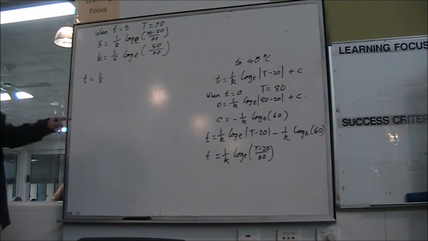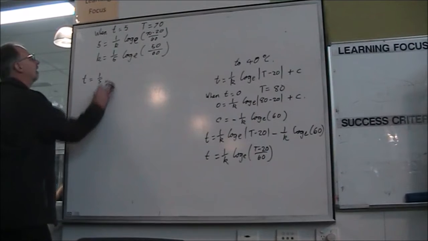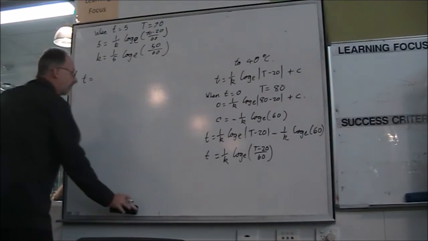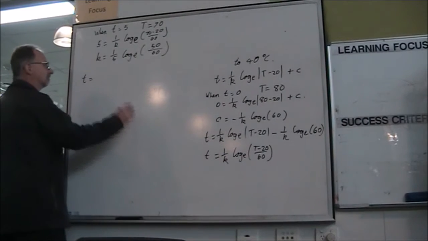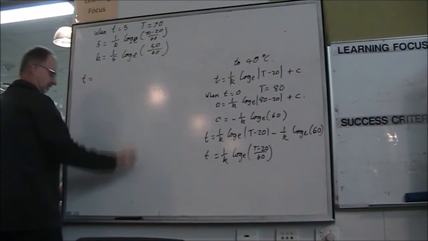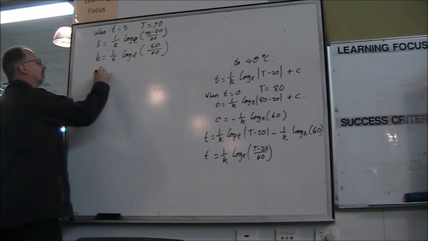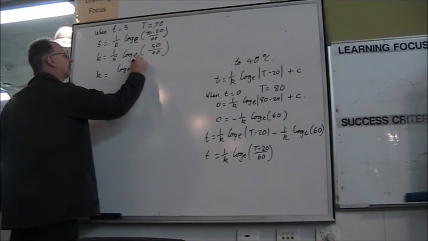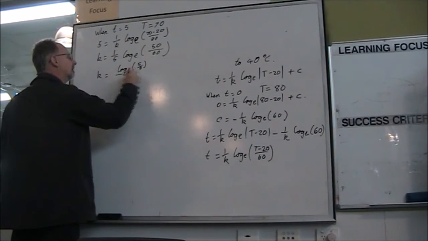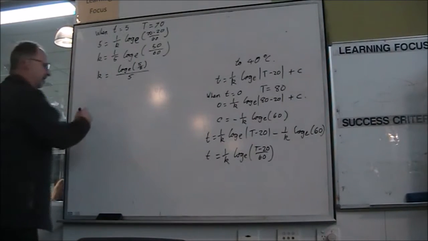All right, so where are we? 1 on k. So if that's k, it's probably not a very good way of writing it. It's probably going to be better if we write it like this, because when we do 1 on, we're going to have to flip it, aren't we?